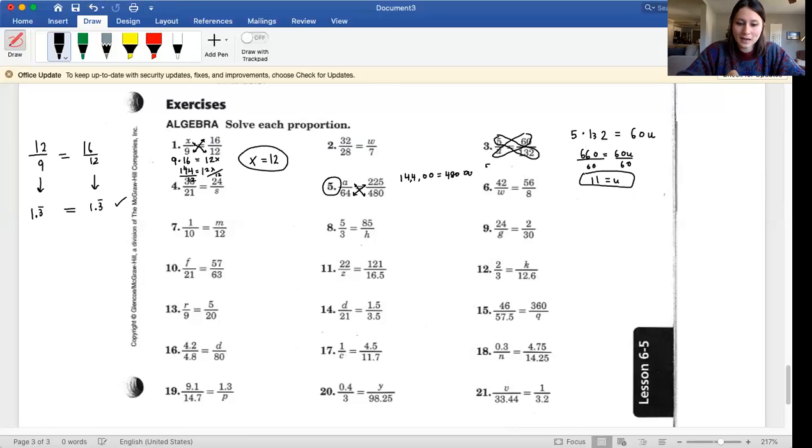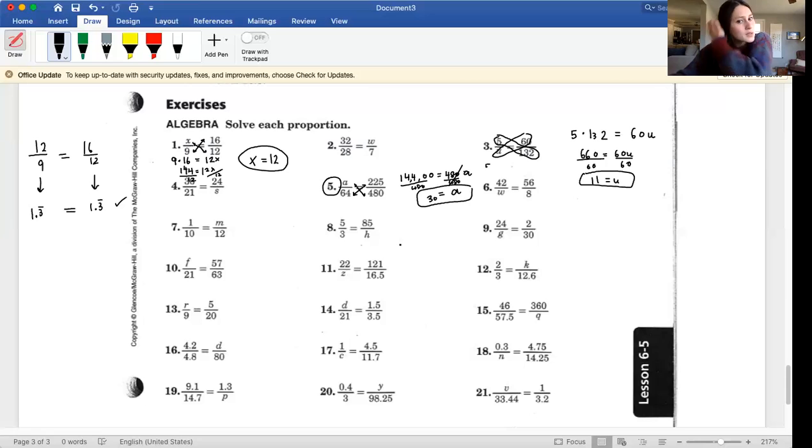So divide now by 480 on both sides, and you can plug that in your calculator, bring your a down, and it's divided by 480. So this is gone, let's divide by 480, and the answer is 30. Okay, so the answer is 30.